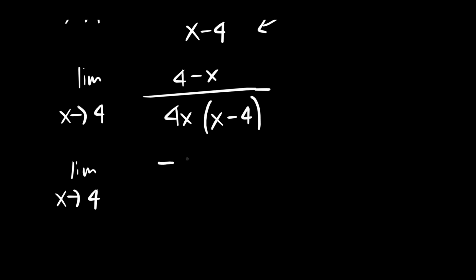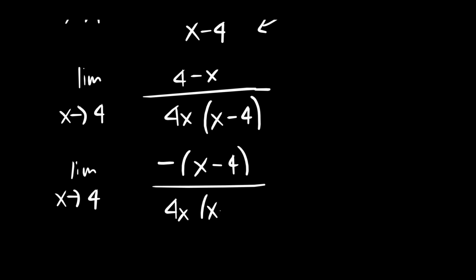So we'll divide negative 1 from the numerator. So we'll have a negative 1 times x minus 4, all over 4x multiplied by x minus 4. So we'll cancel x minus 4.